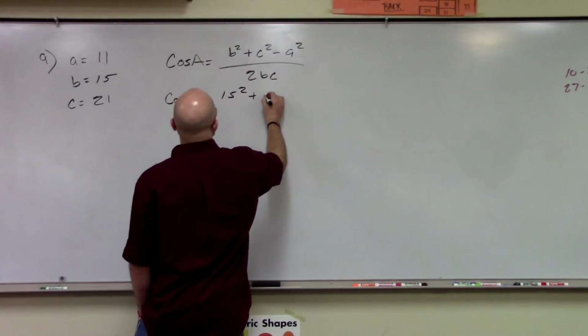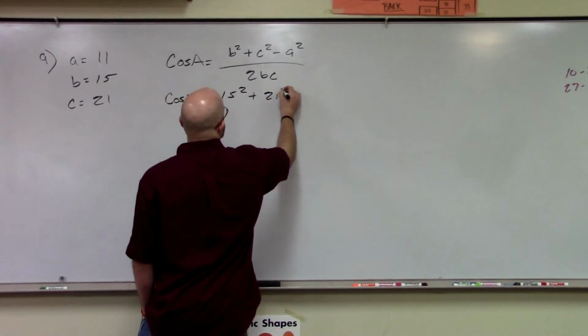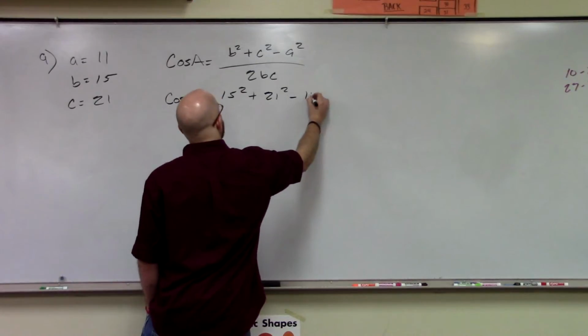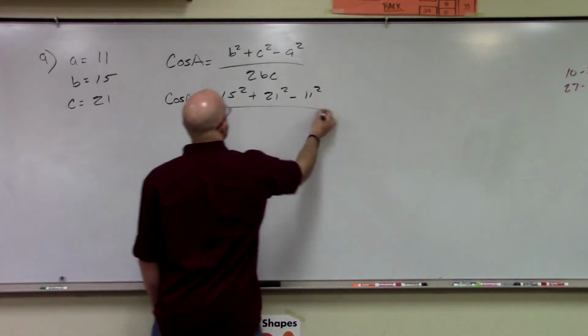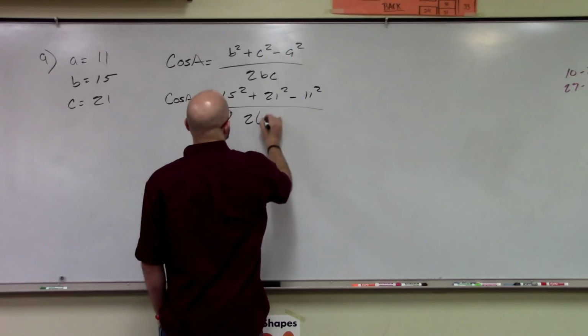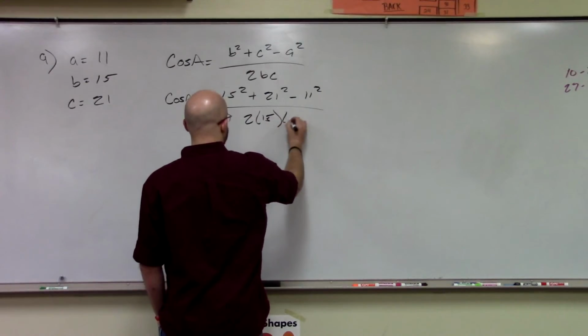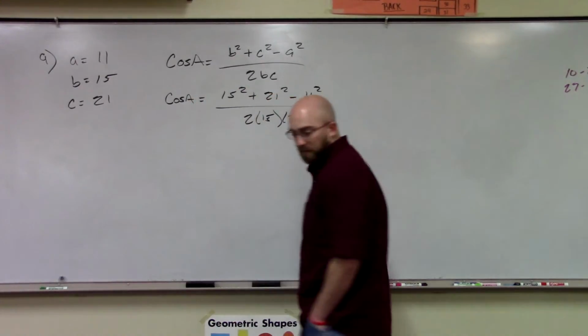So 15 squared, plus 21 squared, all minus 11 squared, all divided by 2 times 15 times 21.